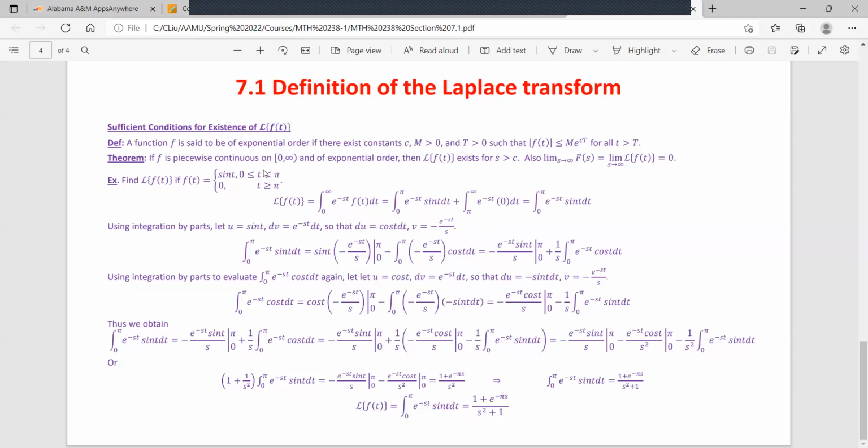Obviously, it is piecewise continuous, and also it's of exponential order. Obviously, this is bounded by any exponential function, for any M and c, actually.